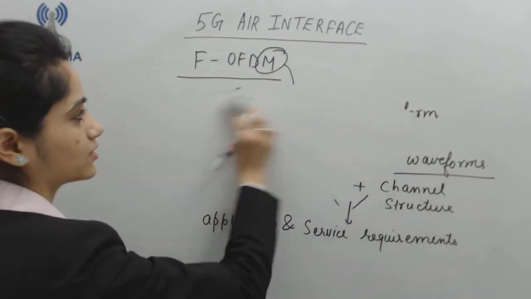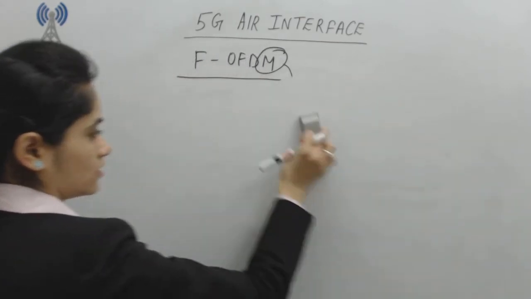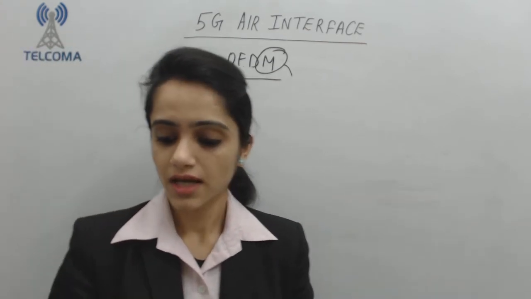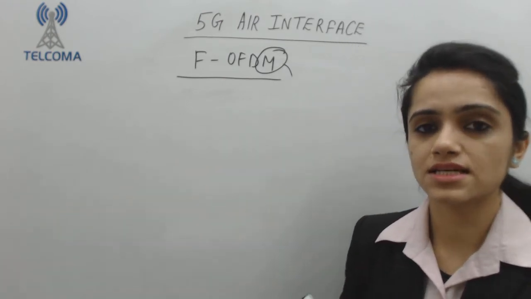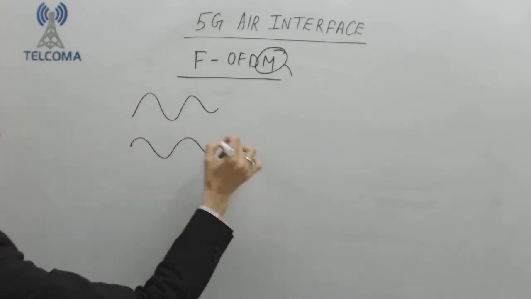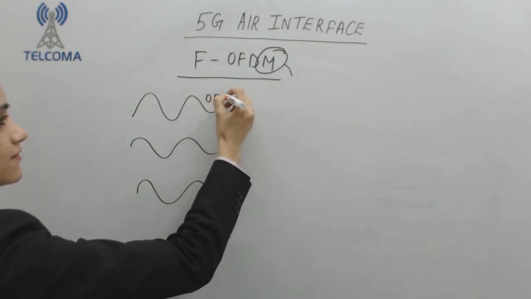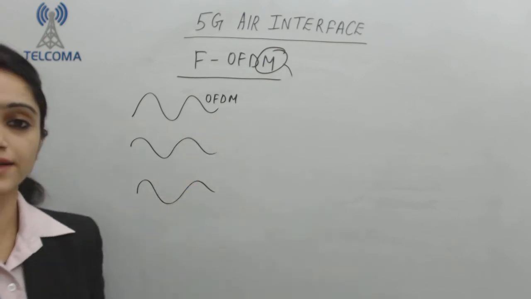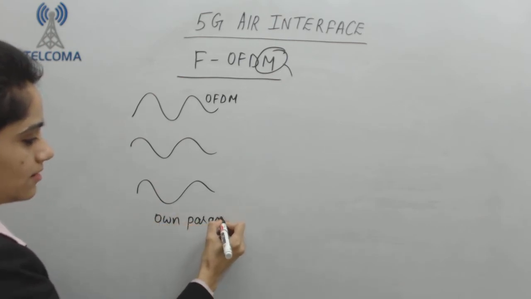Now, in fundamental waveform technology or in OFDM, there is a coexistence of different waveforms. That means with different OFDM parameters, different waveforms will coexist together. I will show an example. These are three different waveforms, and suppose that these have OFDM parameters of their own. That means each and every waveform has its own parameters.